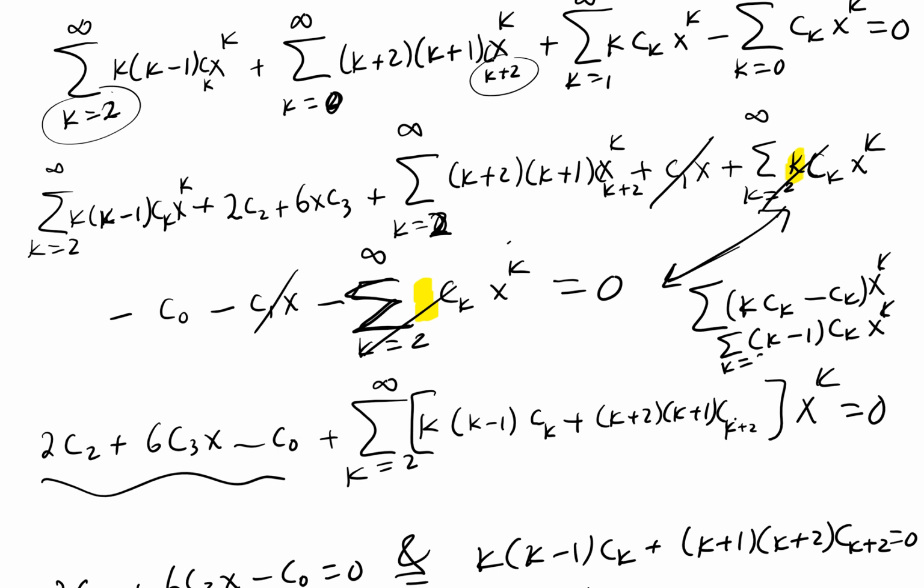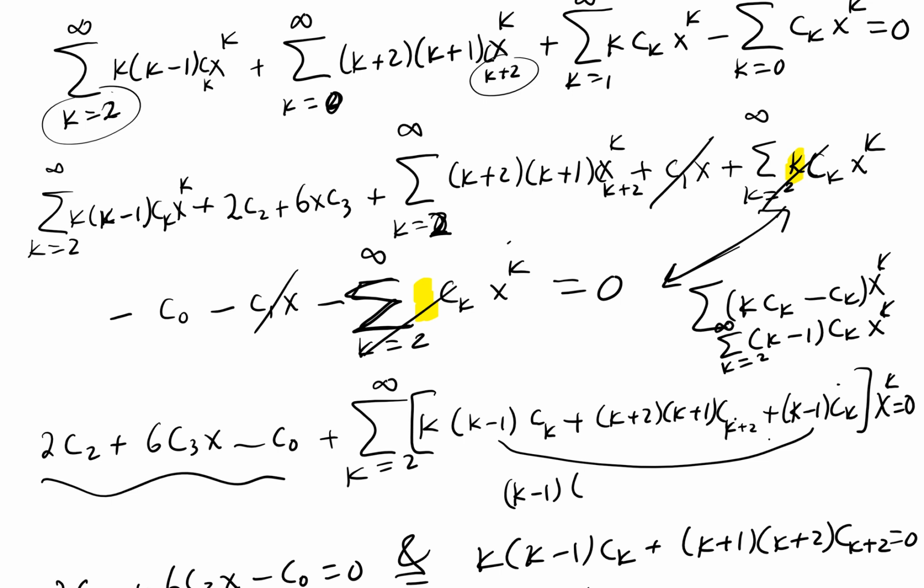K goes from 2 to infinity. So I combine them as one to make it easier for us here. So you can put that inside the bracket now. So it's plus k minus 1 c_k x to the k equals 0. Now these two can be combined into factor k minus 1 out and c_k.